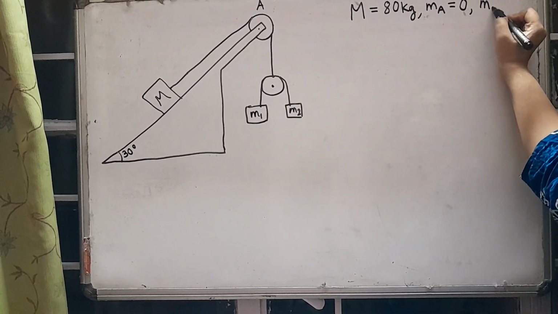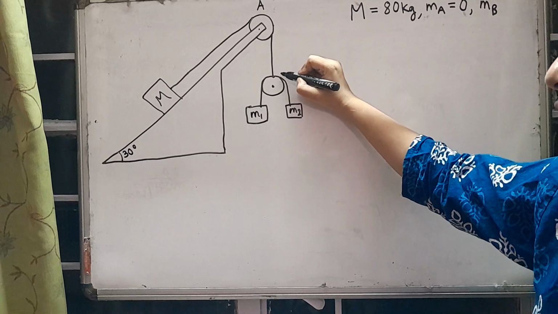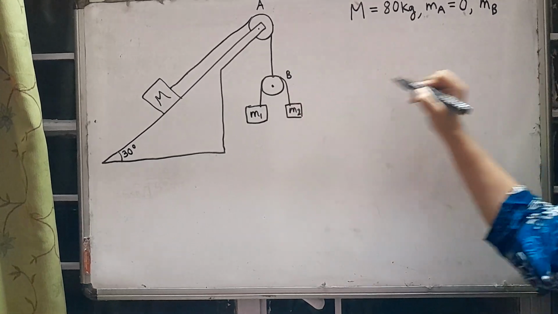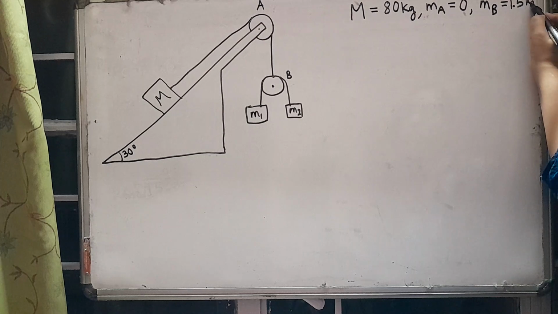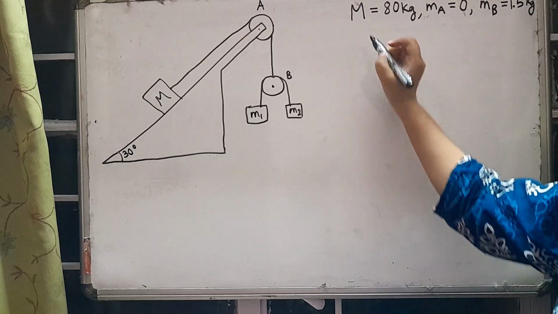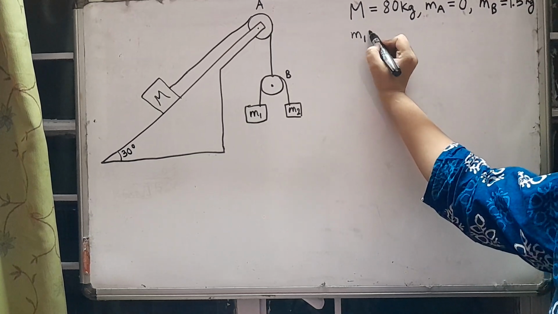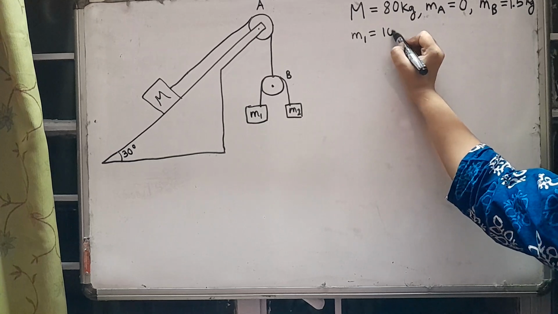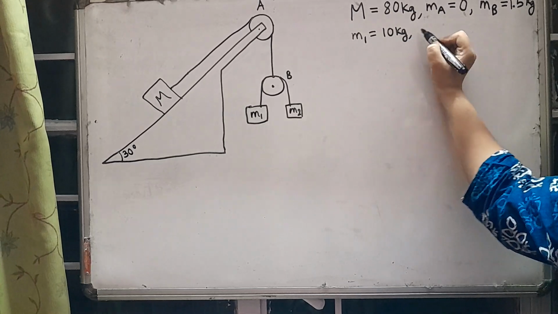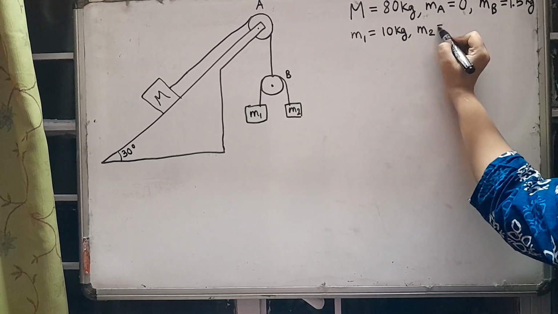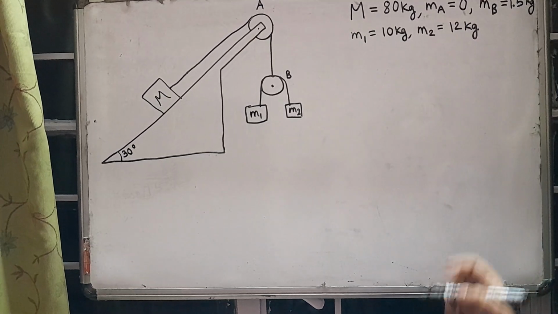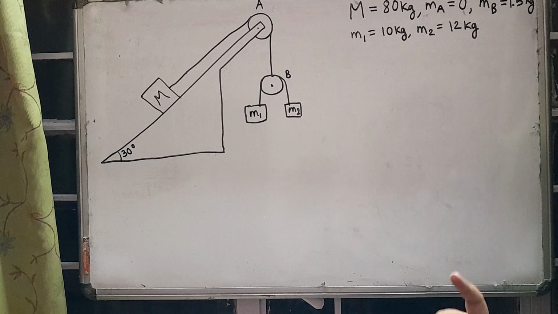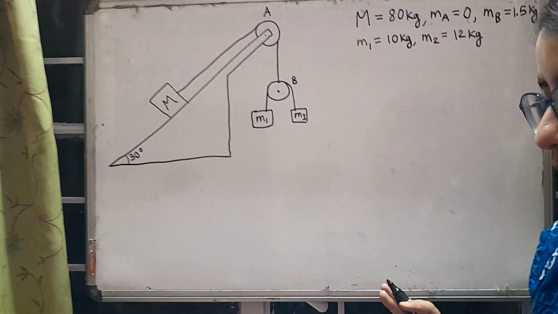Say the pulley B, the other pulley, has a mass of 1.5 kg, and M1 has a mass of 10 kg and M2 has a mass of 12 kg. So now what will be the acceleration of M1? That's what we have to find out.